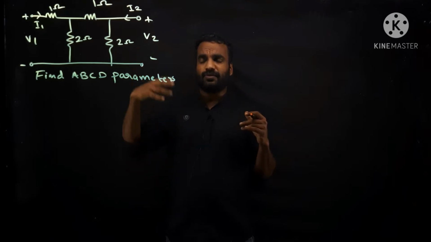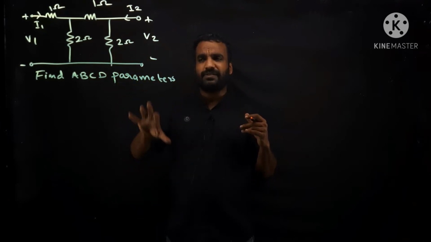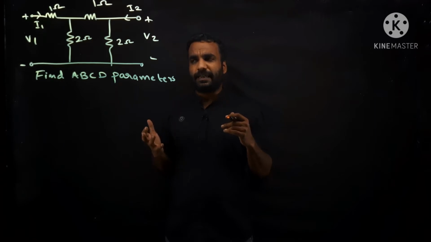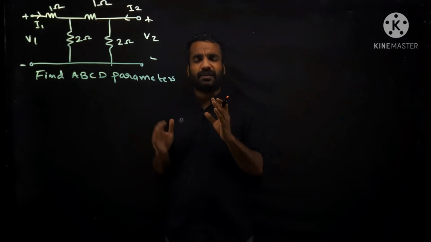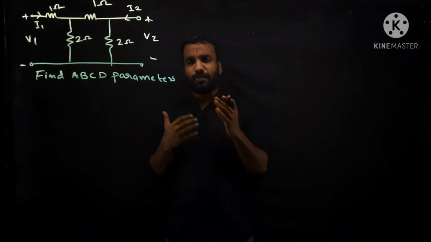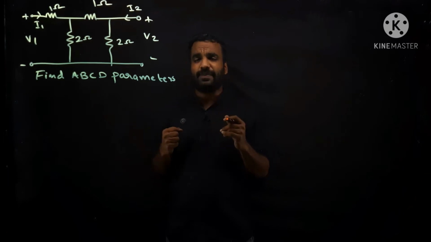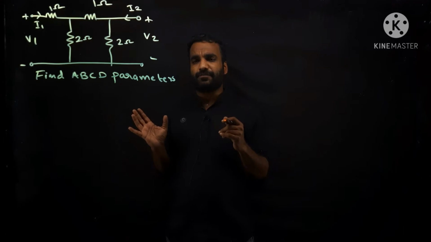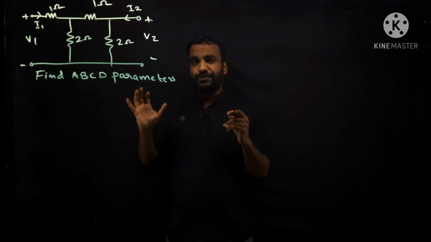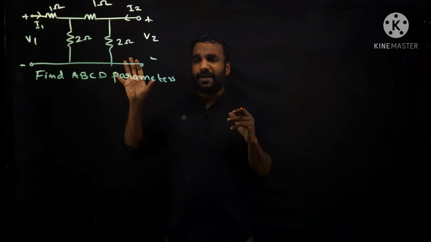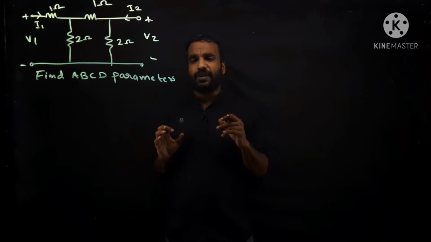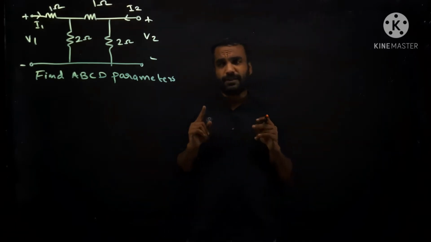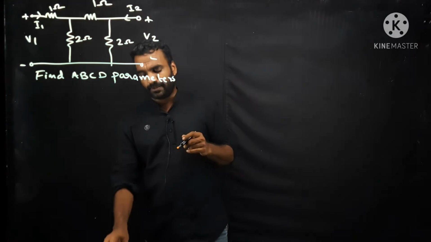Taking I1 equal to 0, open circuiting, short circuiting, such things is somewhat difficult, or there is a chance for more mistakes in case of ABCD parameters. So in the case of ABCD parameters, we are using another method, that is mesh analysis method. Okay, so we can solve this problem using mesh analysis method.